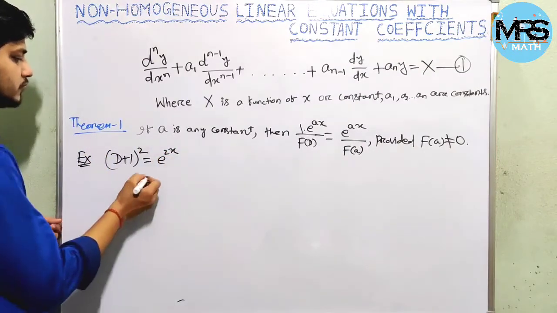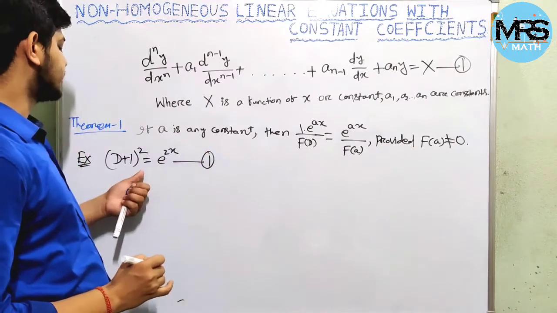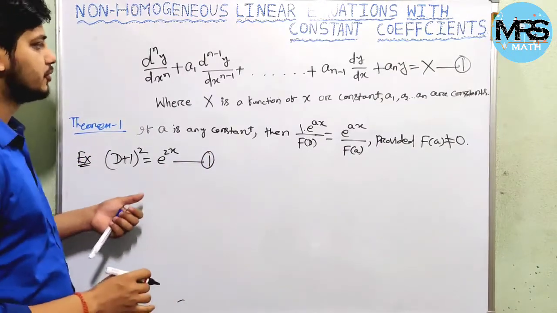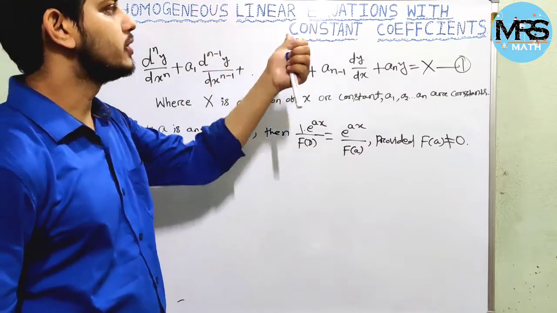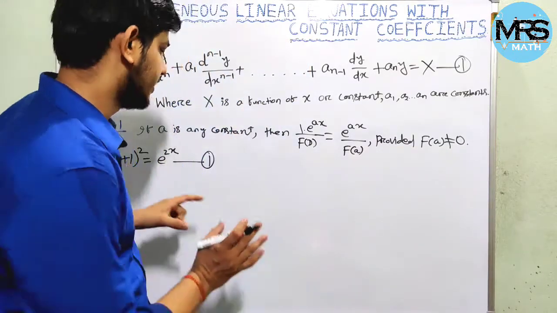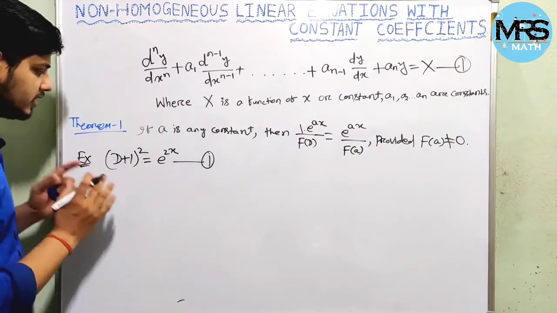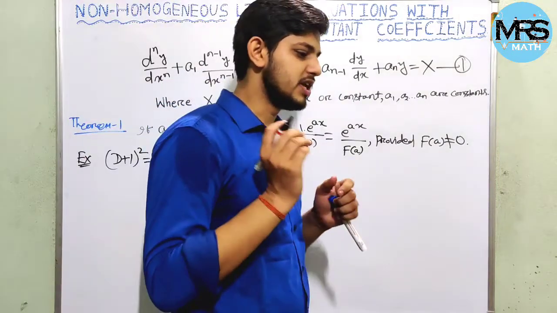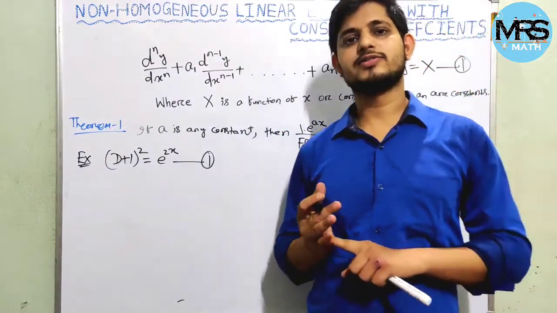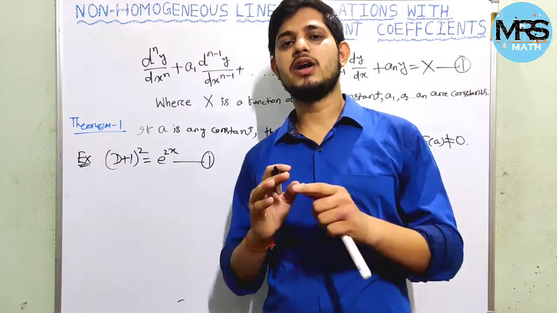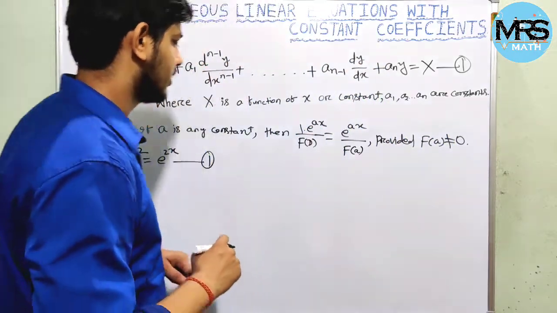If we try to get the solution of this type of differential equation, that means this is a non-homogeneous linear equation with constant coefficients, right? So to get the general solution of this type of equation, what do we need? We need the complementary function and particular integral.